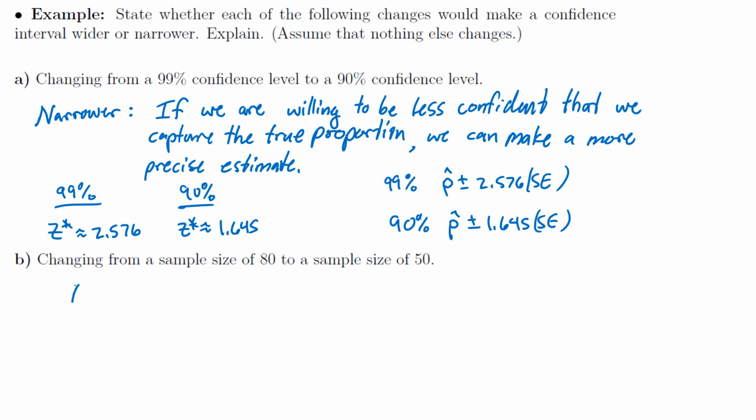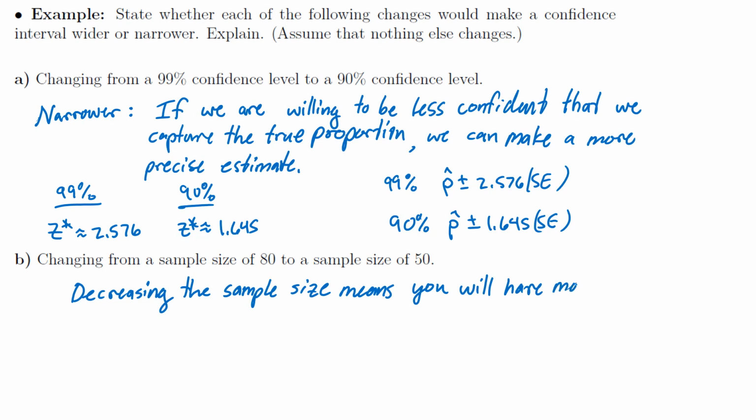So what we could say here would be that decreasing the sample size means you will have more uncertainty in your sampling results.